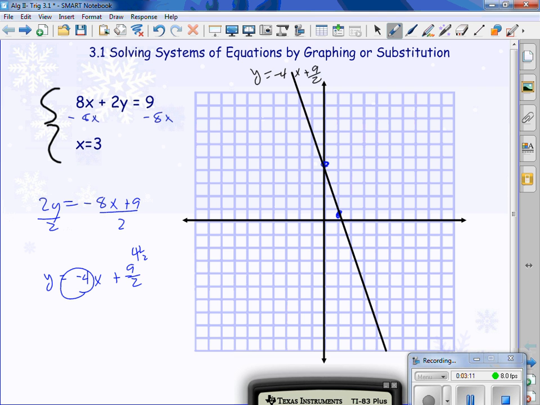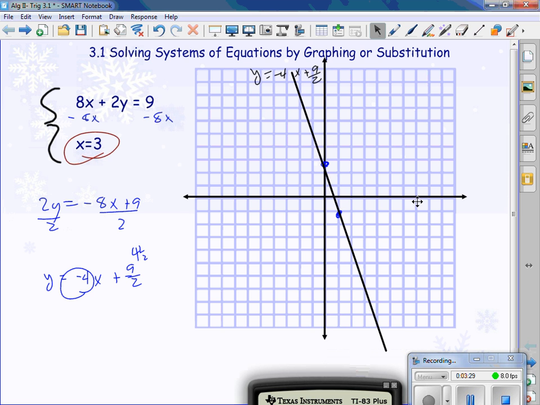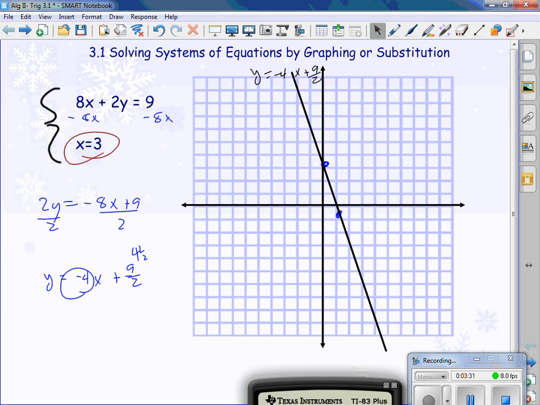Now I'm going to do the second one. What type of line is x equals 3? It's not a horizontal. It is a vertical line that passes through 3. 1, 2, 3, straight line up and down.